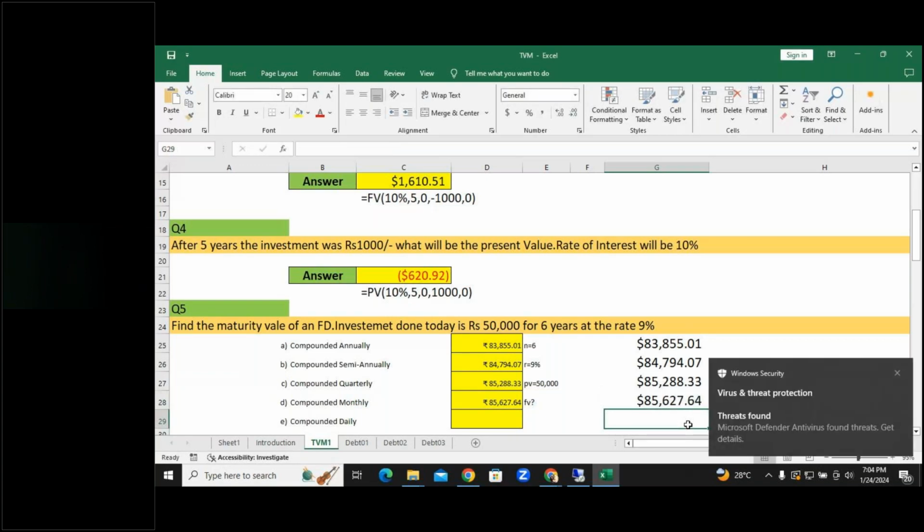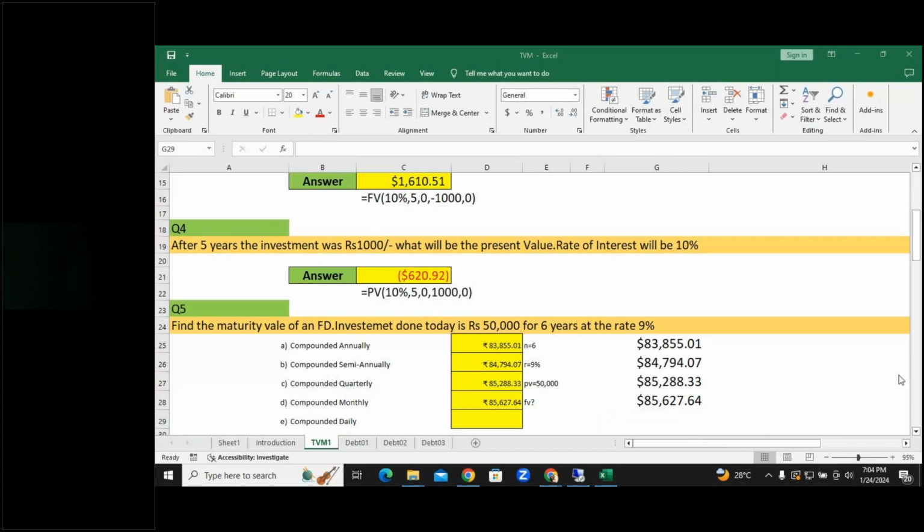So the last one I wanted you people to try. I am giving the formulas here.